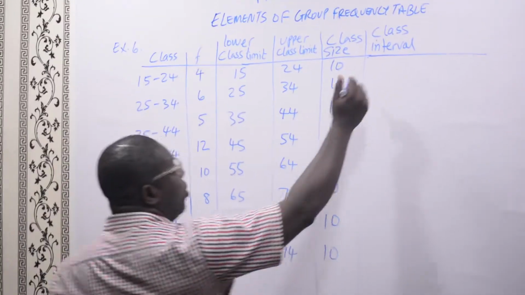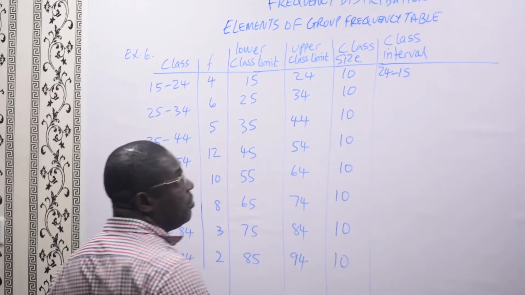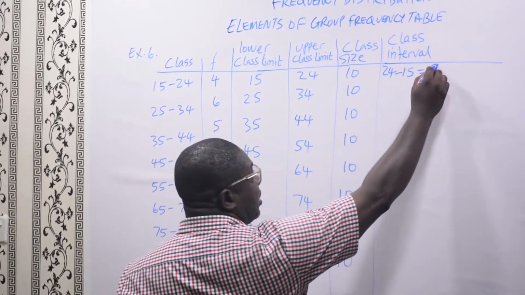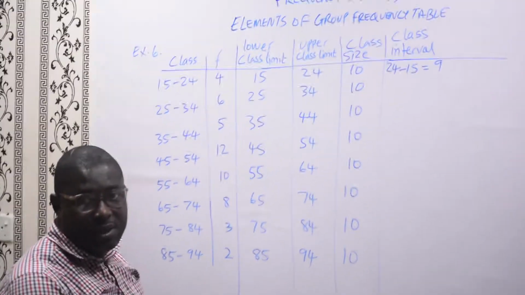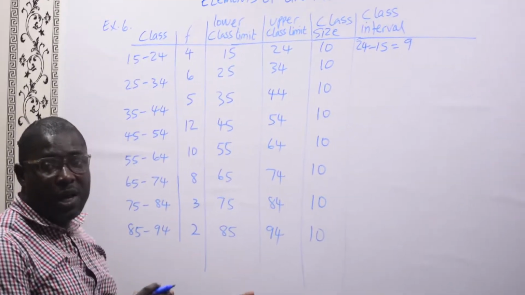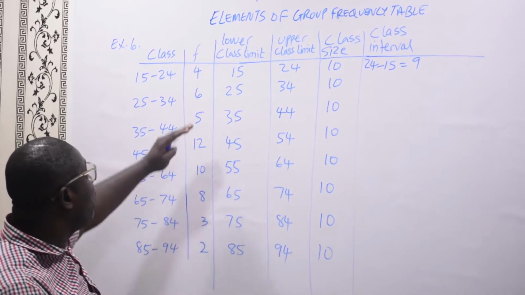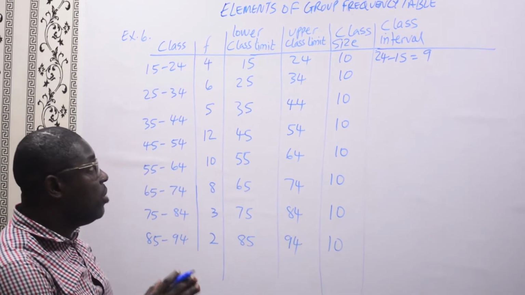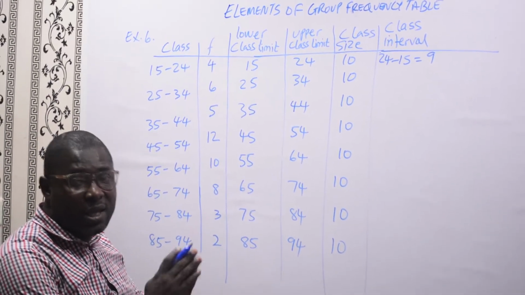In this case, we are going to have 24 minus 15, and that will give us 9. So our class interval will be 9. That means for all the classes we are going to have 9 as the class interval.